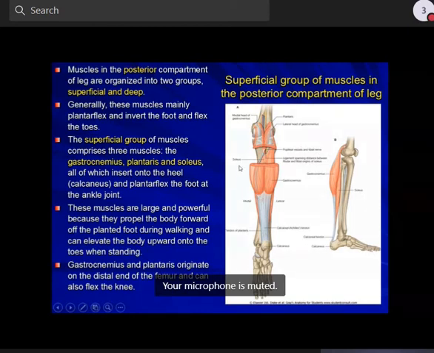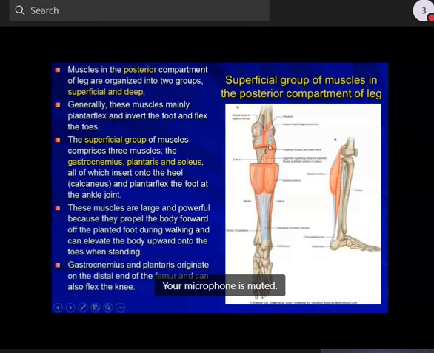To the superficial layer belongs the plantaris muscle. The plantaris muscle starts just above the lateral head of gastrocnemius, with muscle fibers.